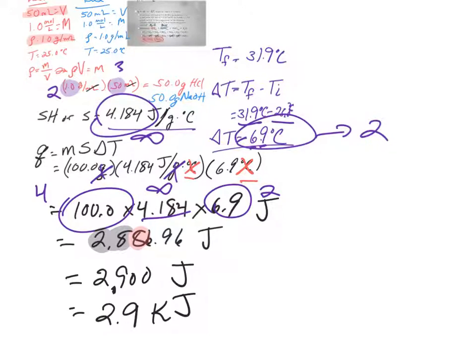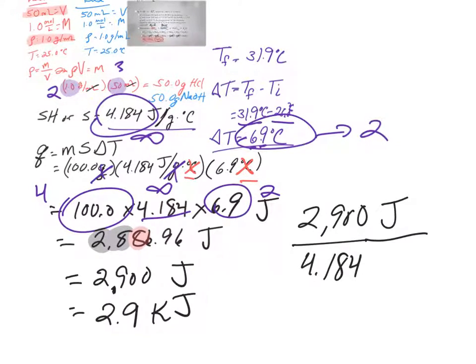Or you could convert it into calories, and you could take 2,900 joules and divide it by 4.184 joules per calorie, and the joules cancel out, leaving you with 690 calories, or 0.690.